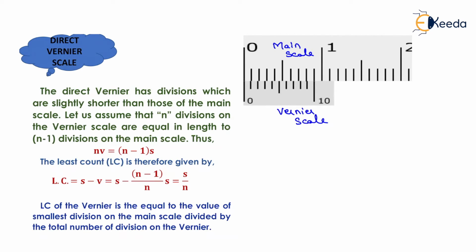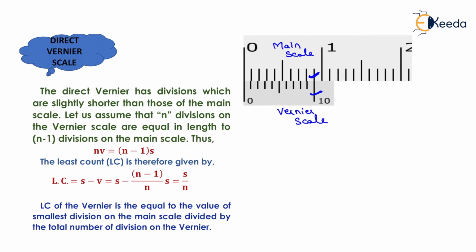In direct vernier, the nth division of vernier scale will coincide with n minus 1 divisions of main scale. So here the 10th division of vernier scale coincides with the 9th division of main scale.